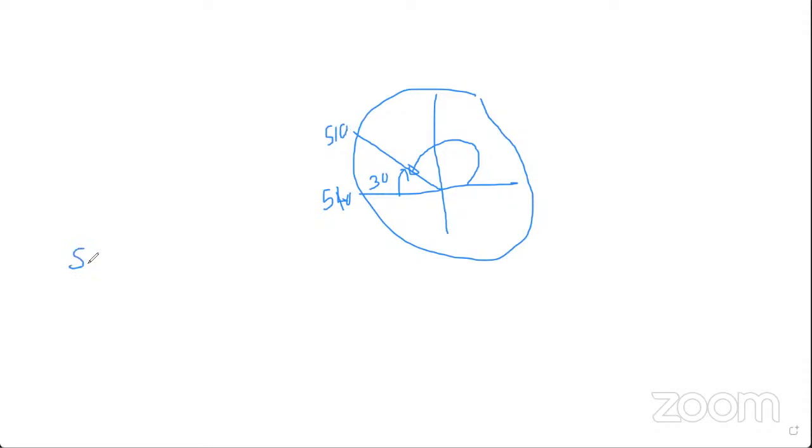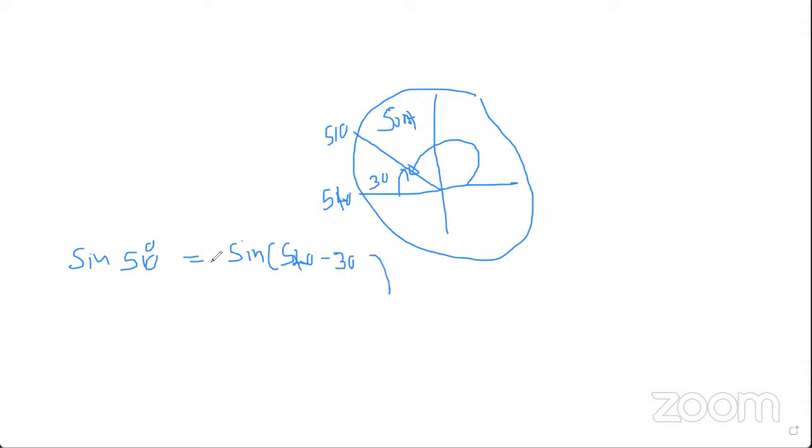Now we'll see sine 510. You know it will be located in the second quadrant. In the second quadrant, what is positive? Only sine is positive. And you can write sine of 540 minus 30.